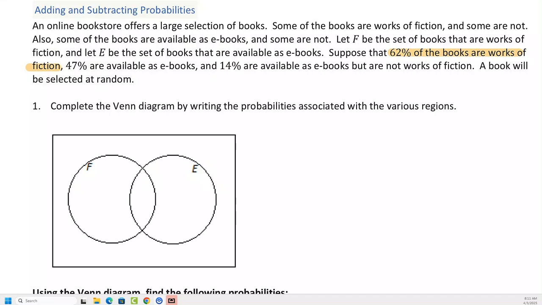So that's all of the fiction books. I'm going to write it as a decimal, 0.62, and connect that here, because it's the whole circle. By the way, the square represents 100%. Isn't that 1.00?